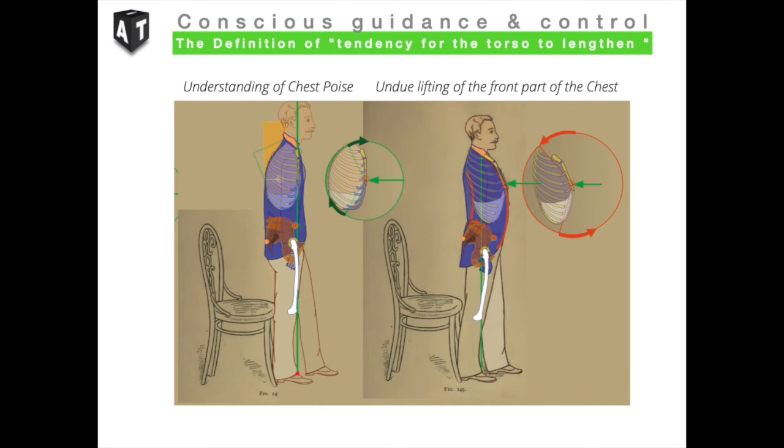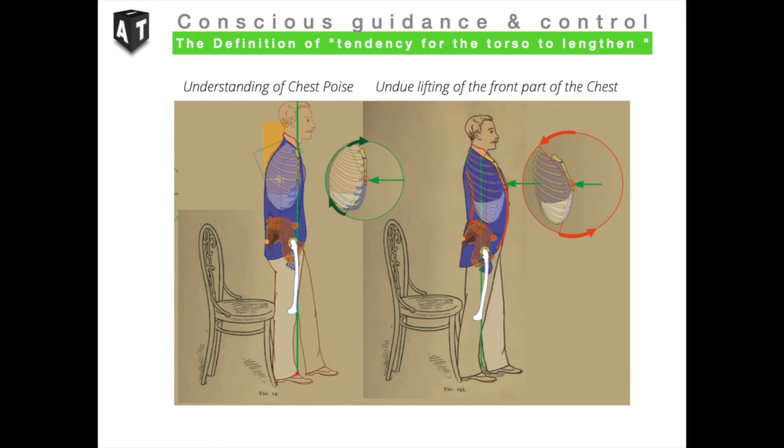And I wanted to show that in the first image, we have Alexander's observation of incorrect physical movements. And what we see is that the rib cage is poised with the upper part of the chest lifted backward and down. And we see that the back of the chest is forward. We have a rotation.